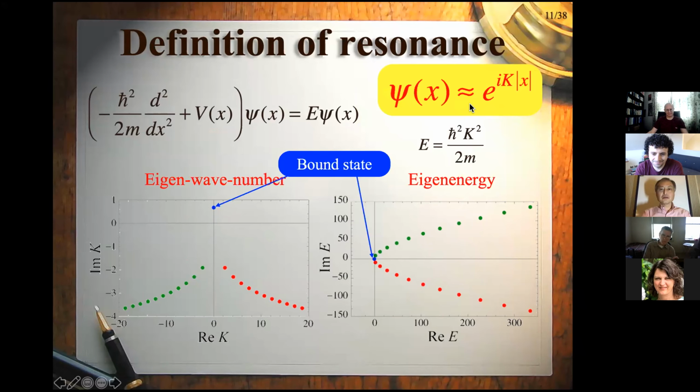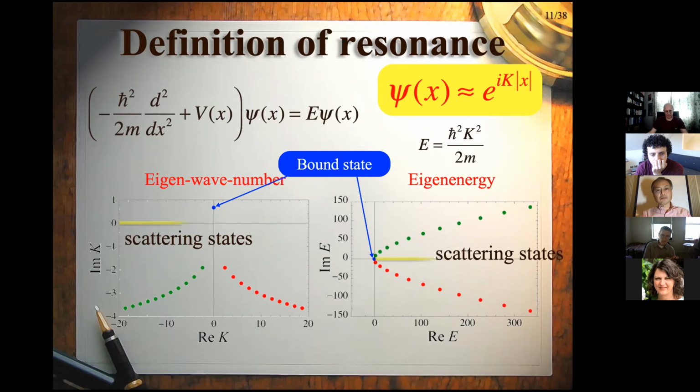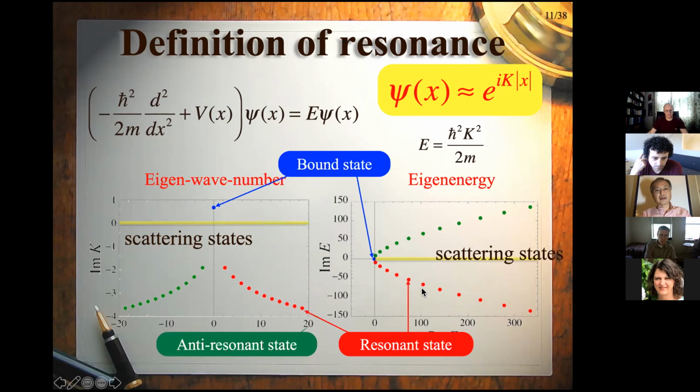The energy is a slightly negative real number. There are also scattering states, but solving also gives other discrete solutions: resonance states, and what I call anti-resonance states.